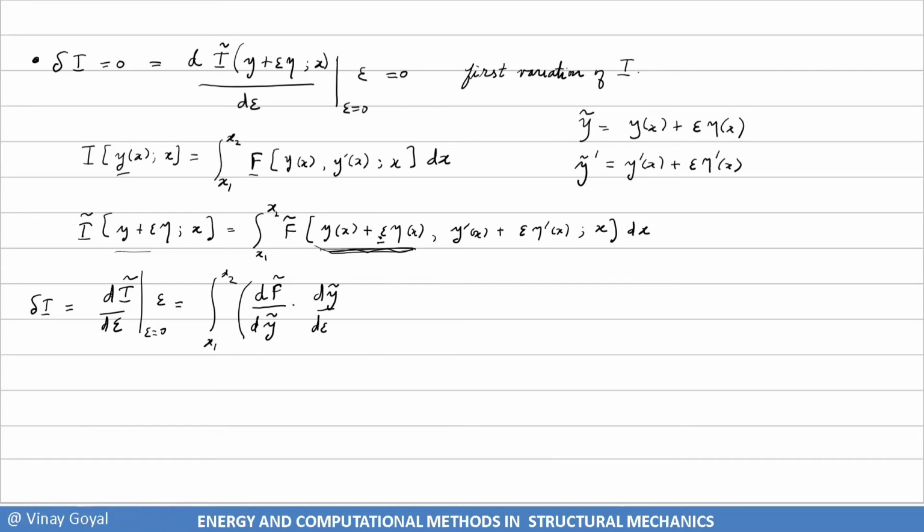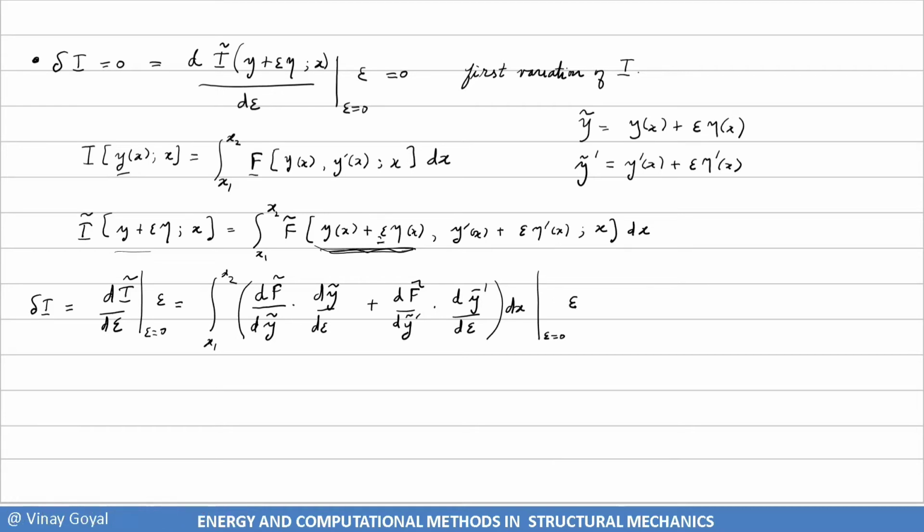And then I have to take the derivative of f tilde with respect to y tilde prime, times the derivative of y tilde prime with respect to epsilon. And that's what I get. And then I will evaluate this whole thing at epsilon equals 0, times epsilon. That's what I'm after.